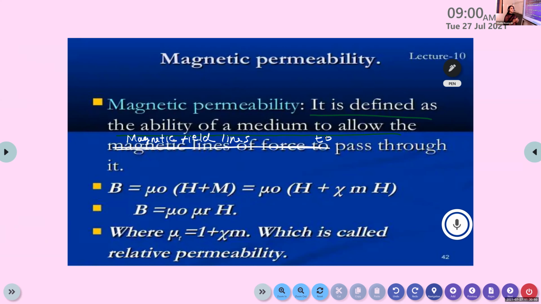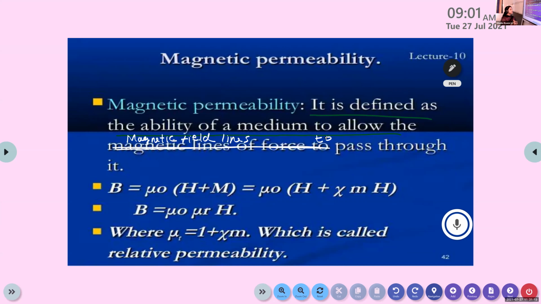So magnetic permeability is defined as the ability of a material or medium to allow the magnetic field lines to pass through it. As its name implies, permeability, ability, it is an ability of that material medium to pass the magnetic field lines through it.